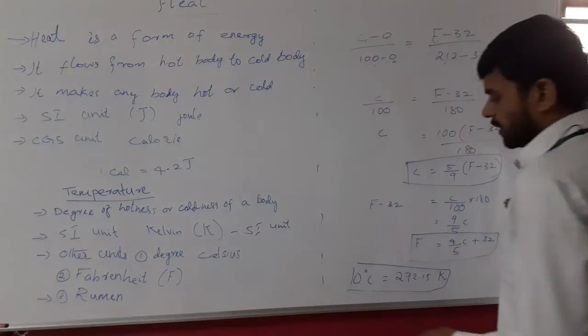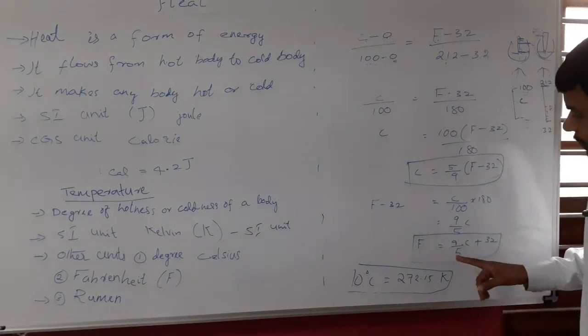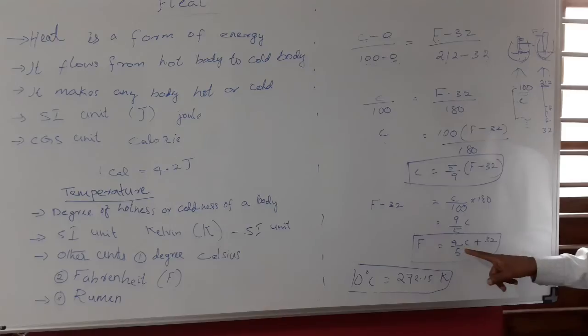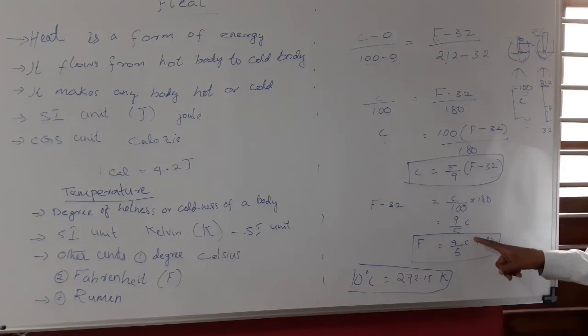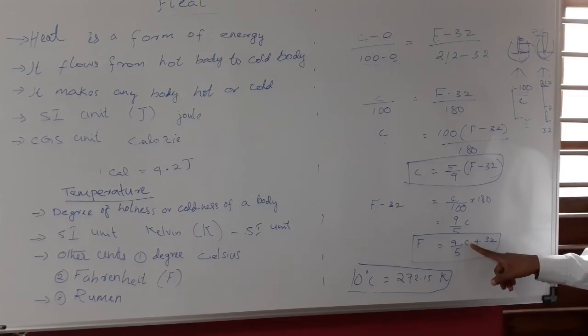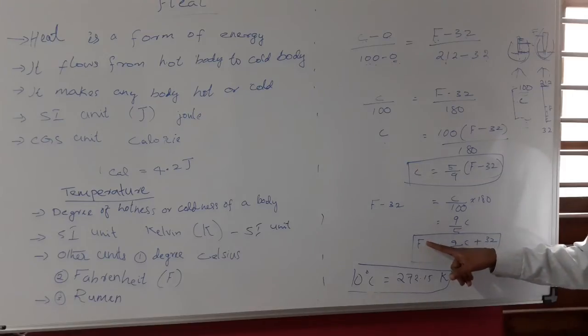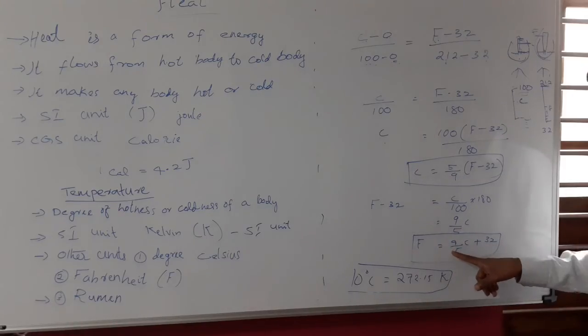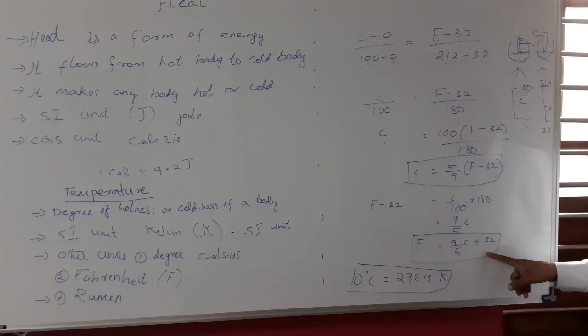So we can write F is equal to 9 by 5 C plus 32. This is the equation to find Fahrenheit on giving Celsius. If degree Celsius is given, then we can find the corresponding Fahrenheit by using this equation.